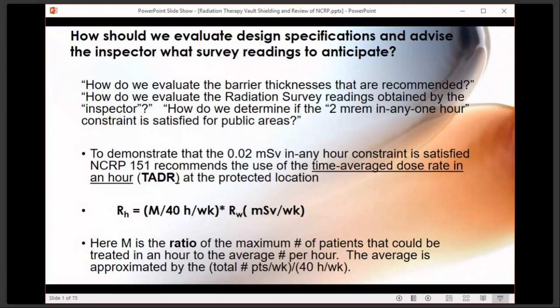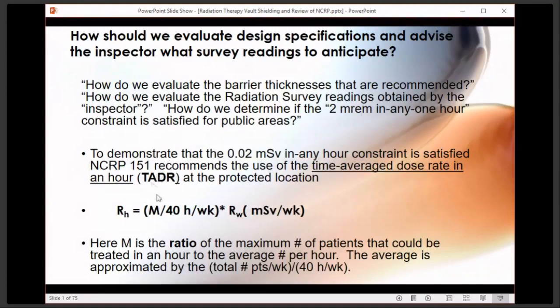And this constraint still applies to accelerators and through the suggested state regulations. So we have to be able to demonstrate that 0.02 millisieverts in any 1 hour is satisfied.